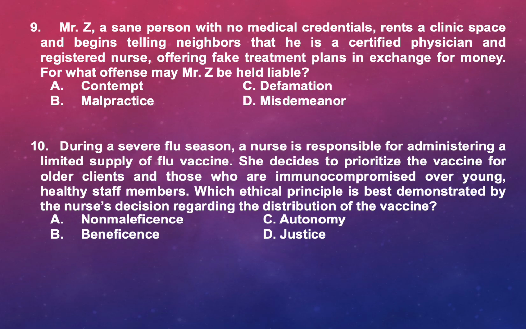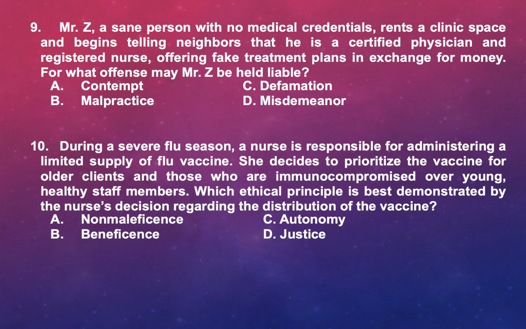Number 10. During a severe flu season, a nurse is responsible for administering a limited supply of flu vaccine. She decides to prioritize the vaccine for older clients and those who are immunocompromised over young, healthy staff members. Which ethical principle is best demonstrated by the nurse's decision regarding the distribution of the vaccine?